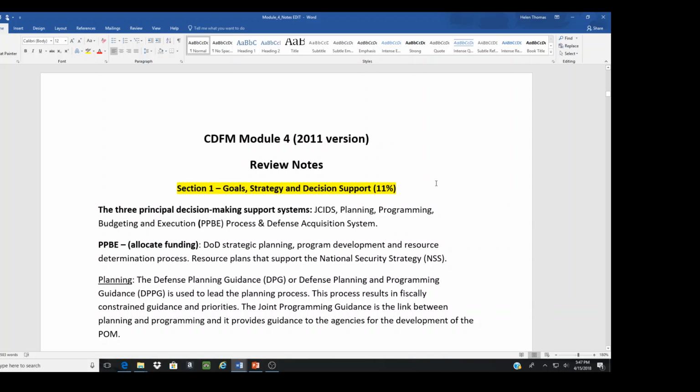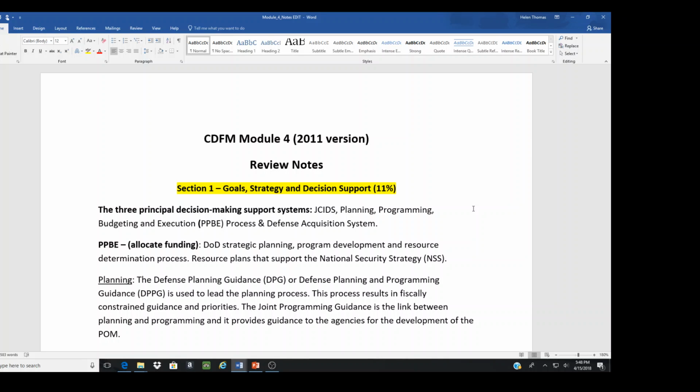These are notes that I took for myself that pull out some of the important information. If you've already passed your CDFM Module 1, 2, and 3, you will see some of the same information that you studied there. It's just an overlap. This primarily focuses on the defense acquisition system.